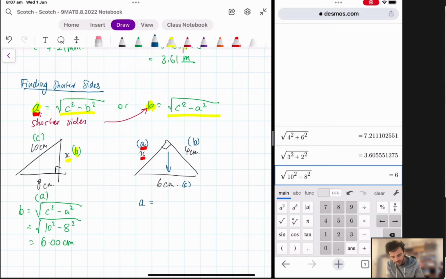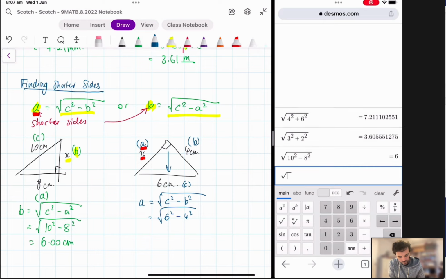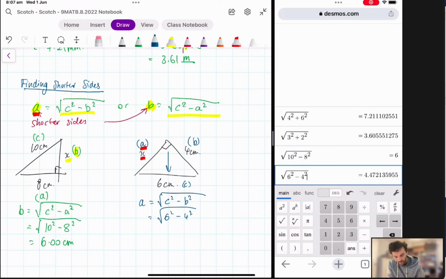A is equal to square root of C squared minus B squared. C is 6, so 6 squared minus 4 squared, and we put it into our calculator. 4.472, so that goes to 4.47, add your units, centimeters as well.